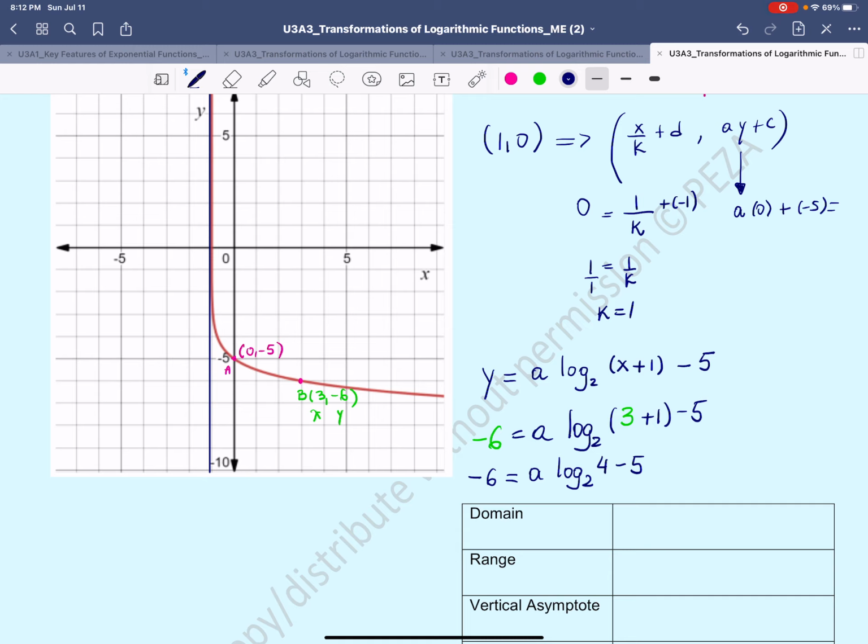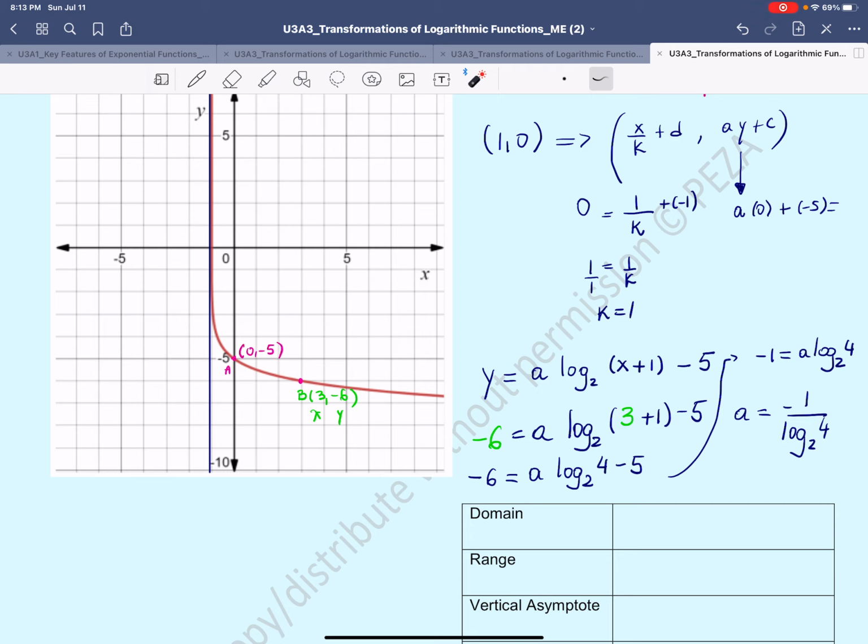Now take -5 to the other side, and then we'll have -6 plus 5, that's -1 equals a log with base 2 of number 4. So the coefficient a equals -1 divided by log with base 2 of 4. You haven't learned how to evaluate these kinds of numbers yet, because we're going to learn them in the next lesson or so.